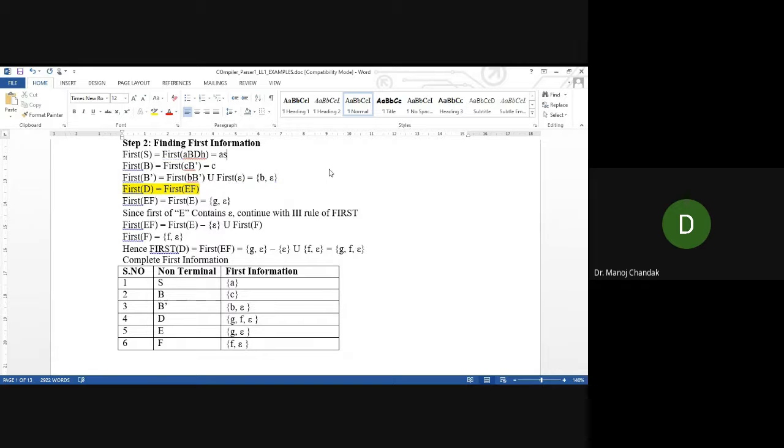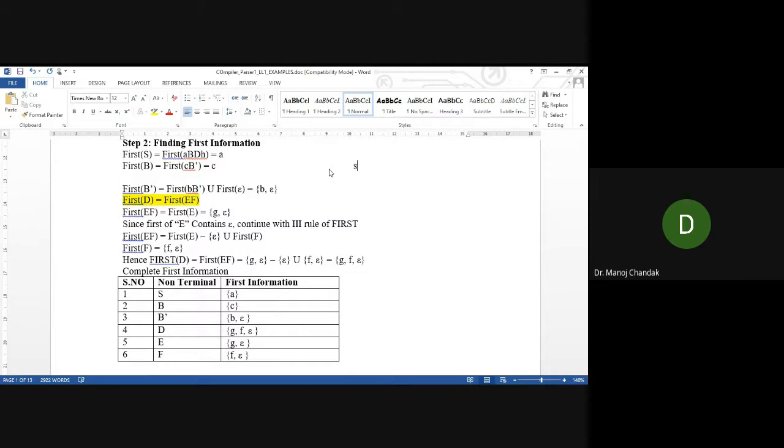Suppose you write capital S derives to XYZ. What will you compute?